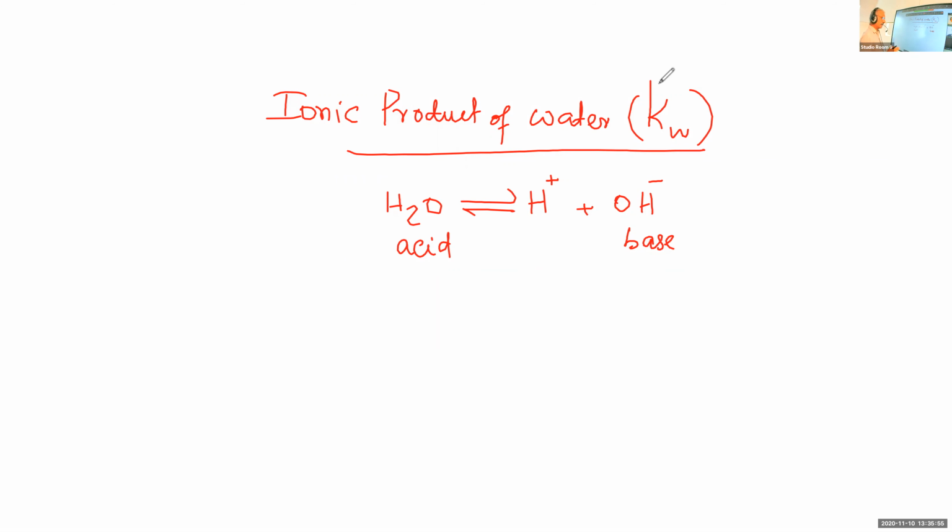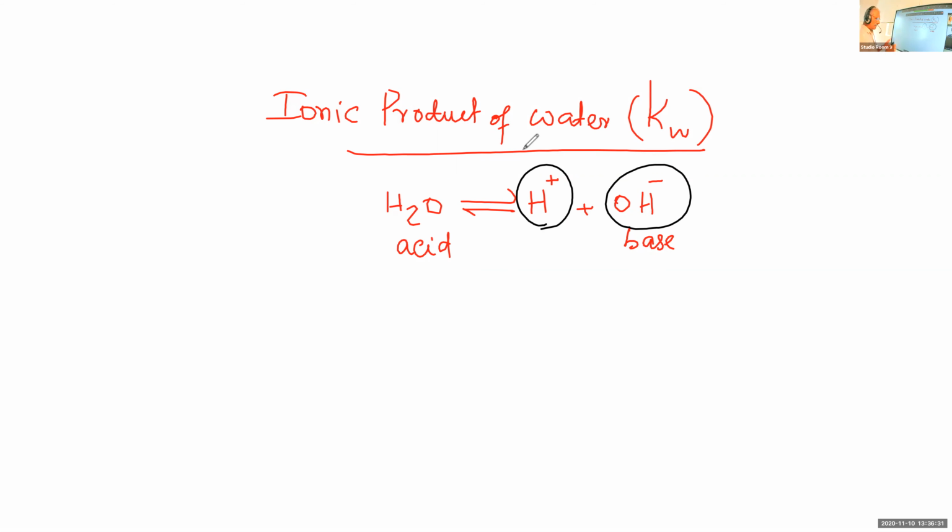Now, the ionization, I told you, is very low, weak, feeble ionization. And there is equilibrium. Suppose equilibrium is attained. At equilibrium, what about the concentrations of the ions? The concentrations will remain the same at equilibrium.